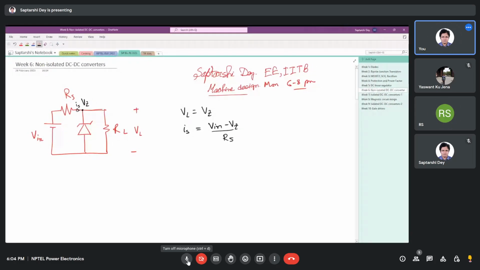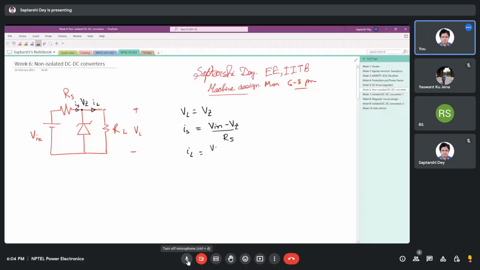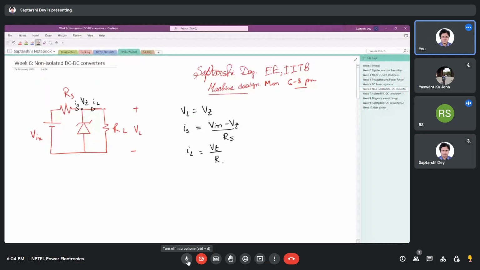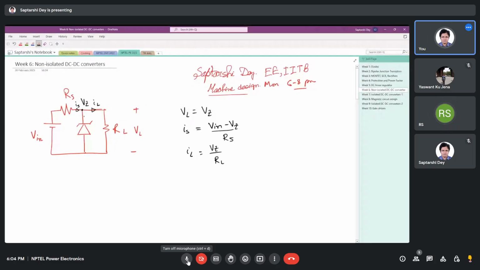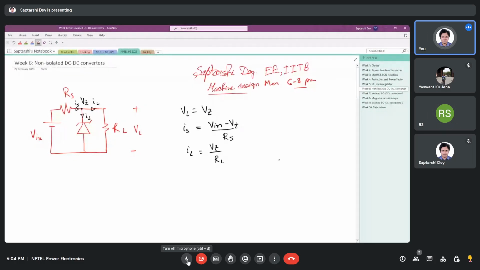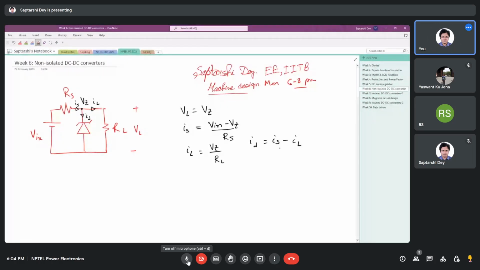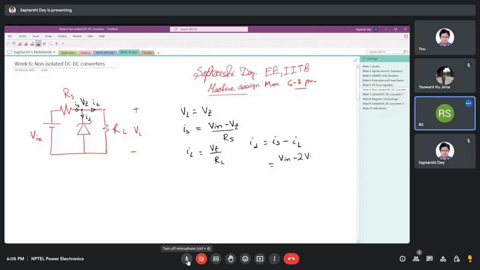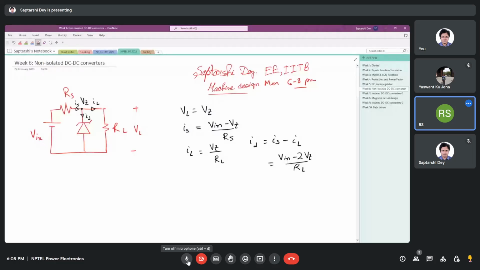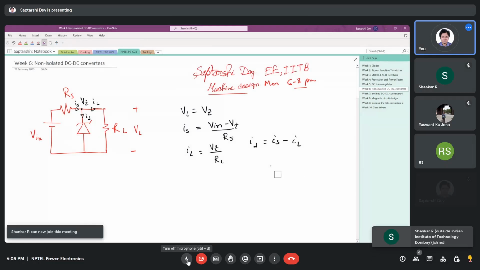Now, what is the load current? Load current is Vz by RL. So your diode current comes out to be Is minus IL.